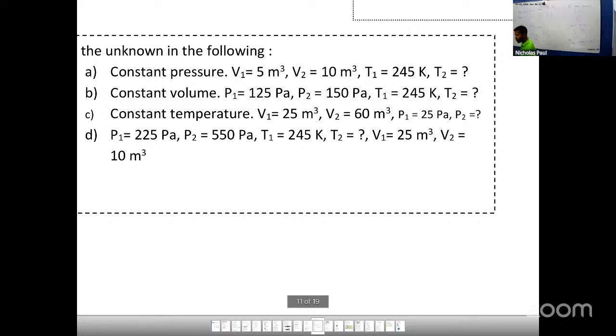Volume went up, so temperature should go up, right? 490, correct. Part A is 490.